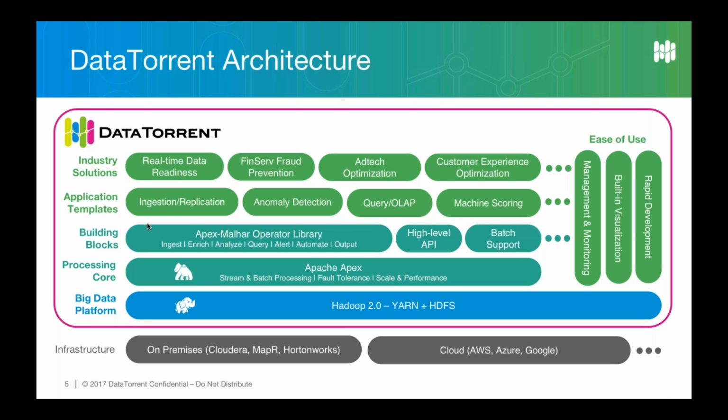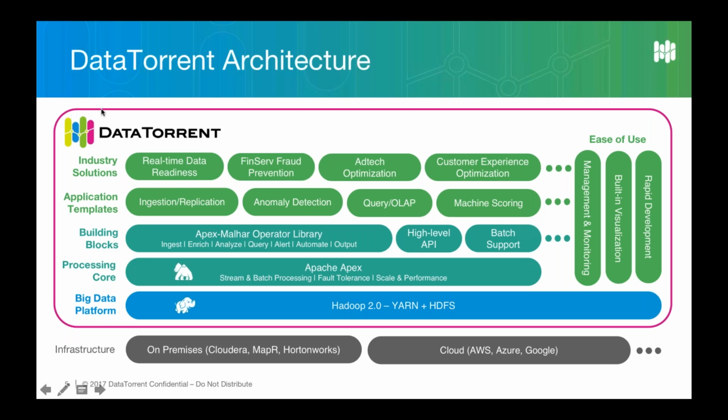Now, what DataTorrent adds on top is these two things, right? In terms of the applications, industry solutions, and application templates. And this is what we are going to talk about: application templates. The templates are nothing but reusable patterns for a technical use case. Let's say if you're reading from Kafka and writing to HDFS, that's a use case, right?